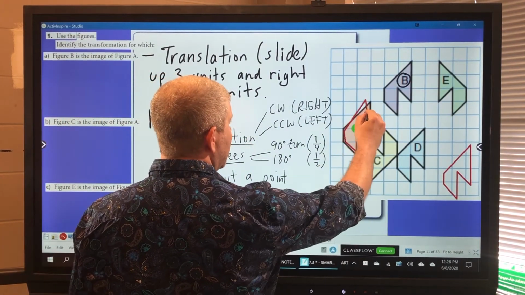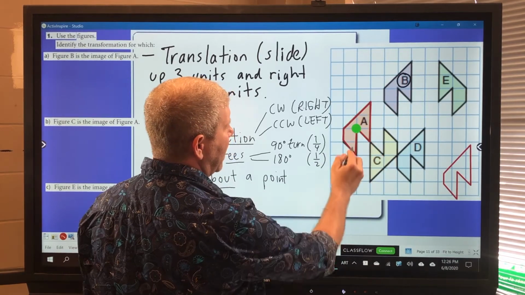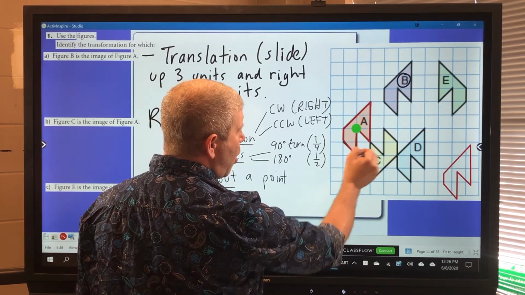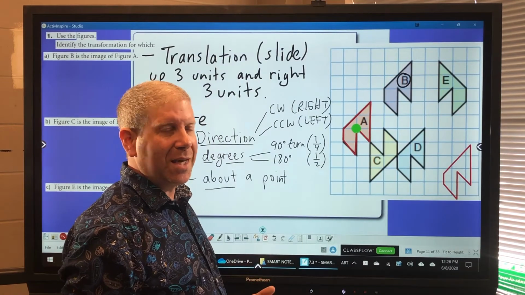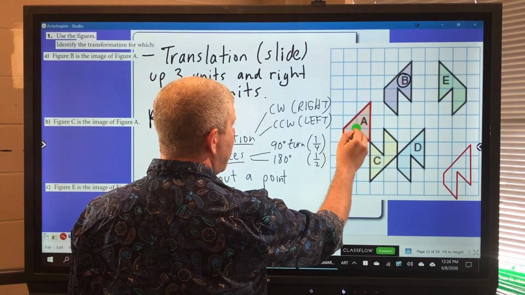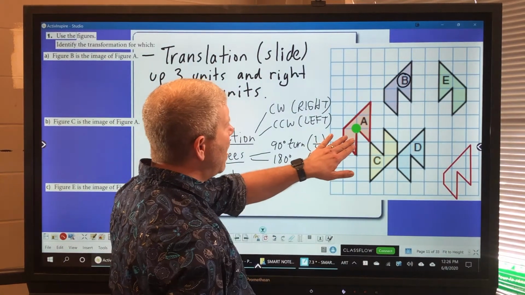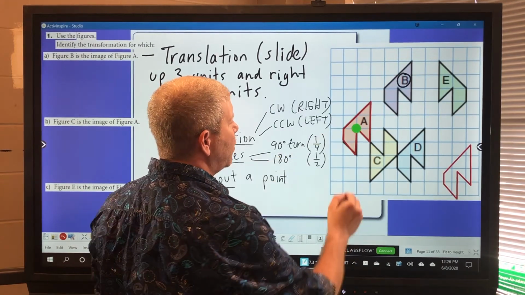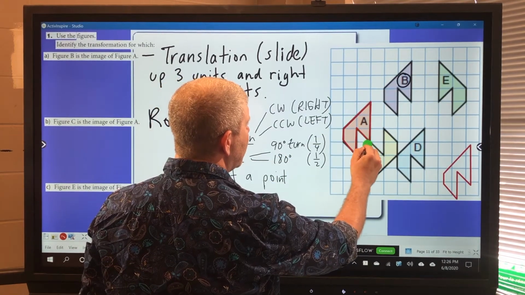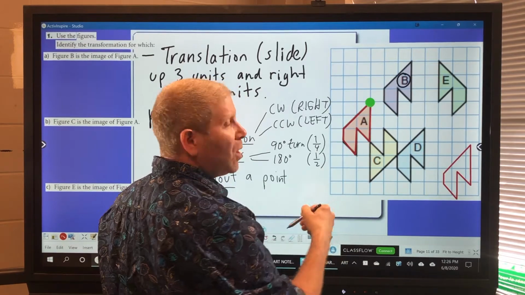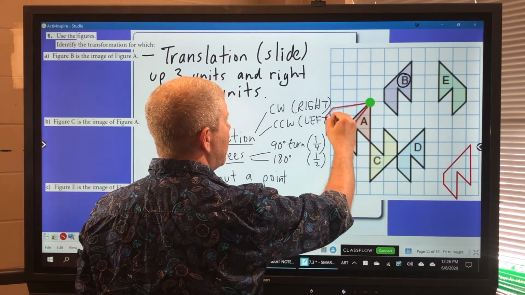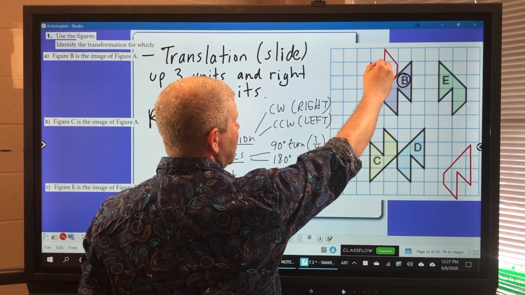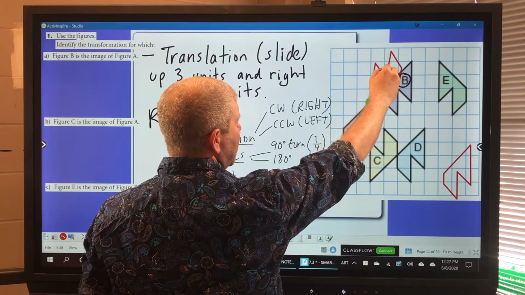Now in this case, we're not having any luck bringing this shape mirror onto C. And the reason is where our point is located. We are now rotating around this green dot. But if I move that green dot, let's say up here, it's going to change things. Now I'm going to try rotating this shape around that green dot. There's a 180 degree turn.